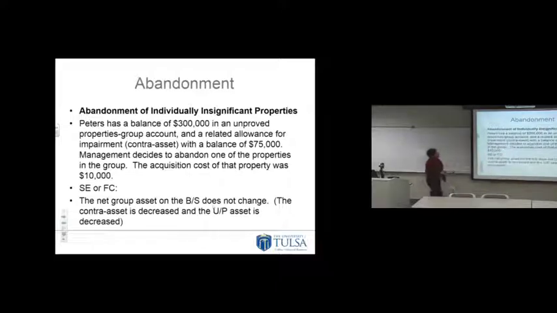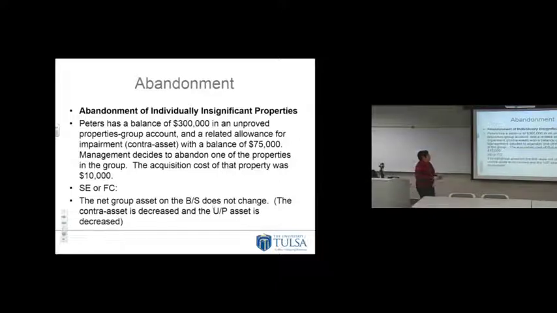Well, before we had 300 minus 75, that's 225 net book value. Now we have 290 minus 65. That's still 225 net book value. So our net book value doesn't change for the group. All we did is really charge this unproved property against the contra asset account.